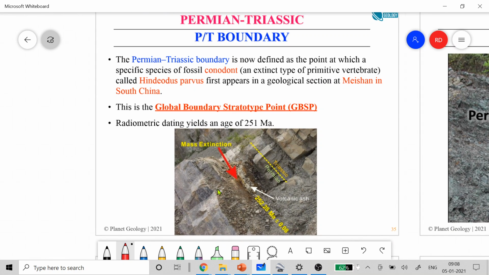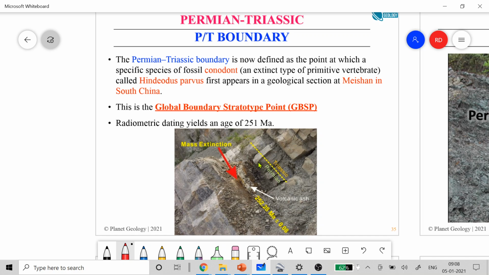This right here is an example of the Permian-Triassic boundary from China. It's not like you see anything spectacular happening. This is known as a global boundary stratotype, and what you see here is some volcanic ash bed, and the mass extinction starts at this point, towards the end of the Permian.